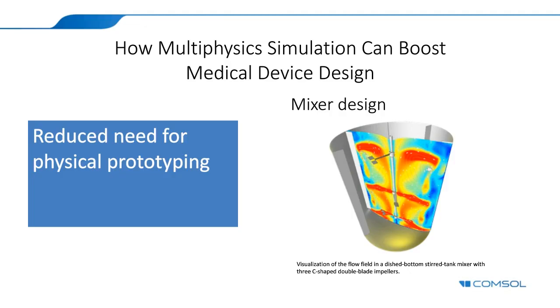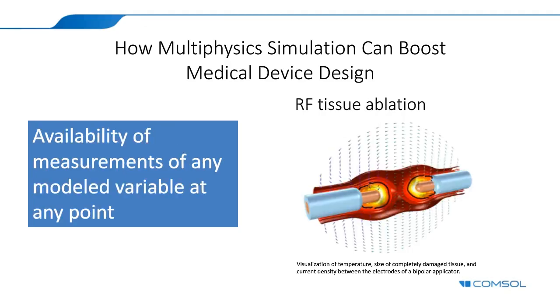Another aspect that we see is helping engineers, physicists and physicians dealing with biomedical device design and in general bioengineering, and using simulation is that through simulation you can access the value of a variable in any place in your model. It could be temperature, velocity, and you could even try to understand better your experimental data when you compare them to simulation results.